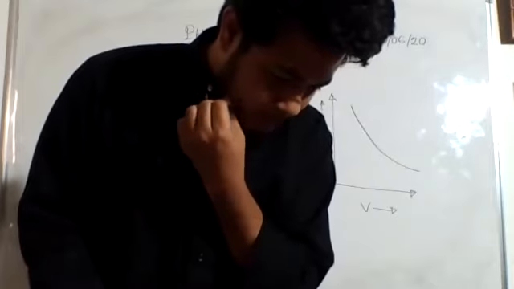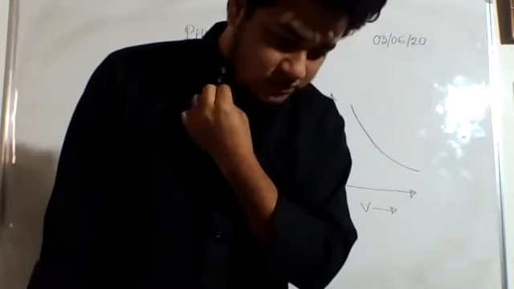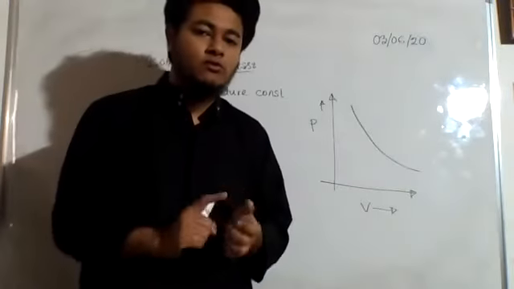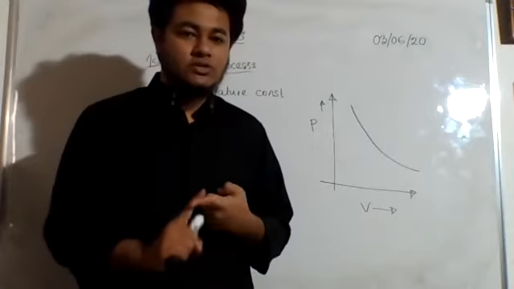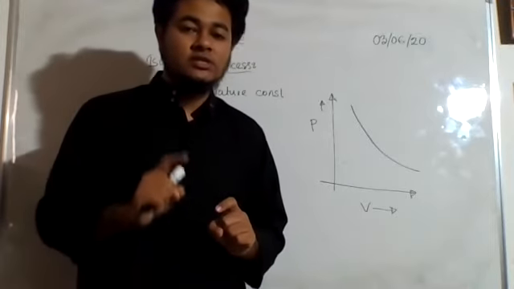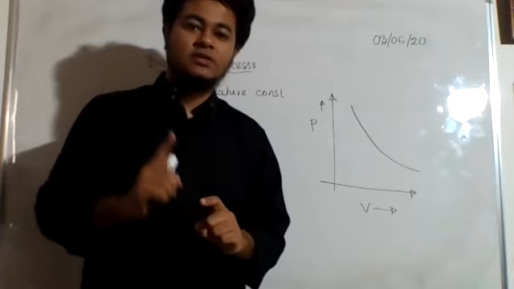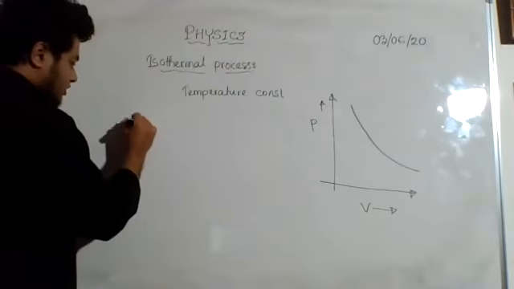In the isothermal process, the temperature remains constant, so the internal energy of the system does not change. Now, this is the point that you have to remember. For the isothermal process, if the temperature is not changing, there will be no change in the internal energy. So please make a special note of this.